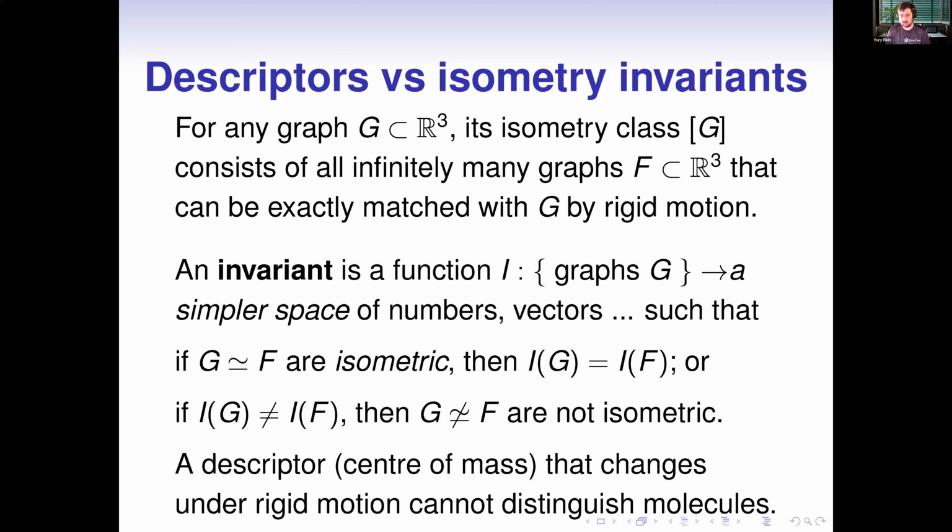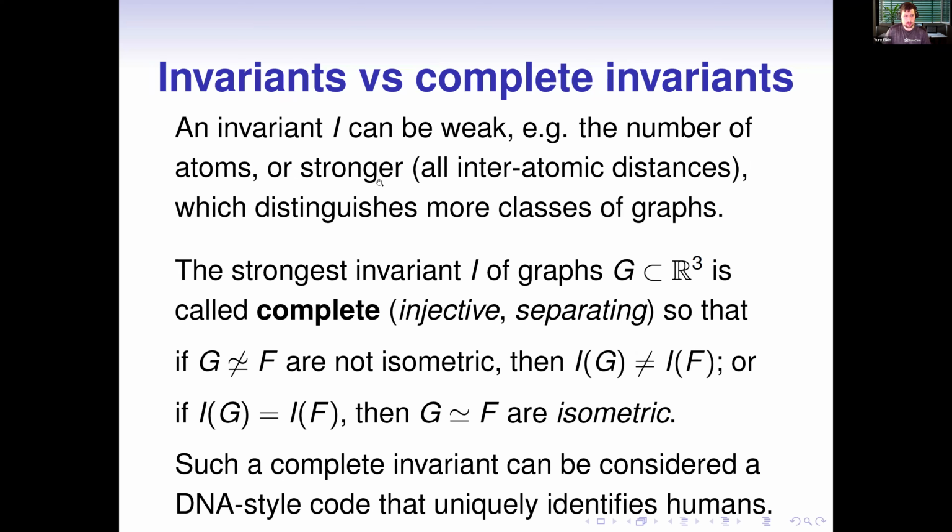And actually, we want something stronger that is called a complete invariant. So the complete invariant basically says that if the invariant is the same, then the original graphs are the same. So it's a kind of injective function from the class of graphs to the partitions.